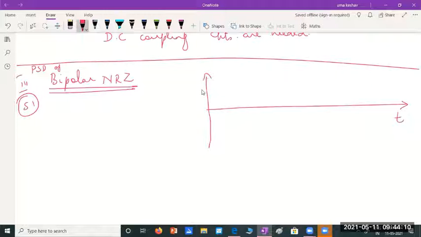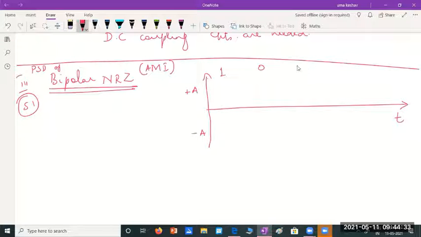The time domain waveform. You remember the other name for this? I'll give you the clue: alternate mark inversion. So I think you should be able to recall fast. Bipolar means automatically understand there will be 2 polarity signals. So what happens here?